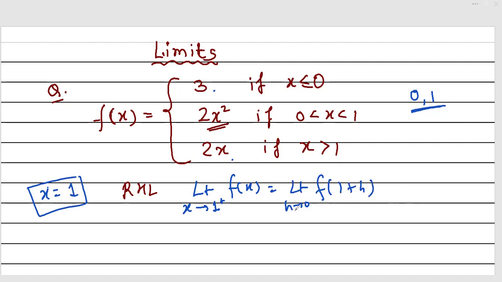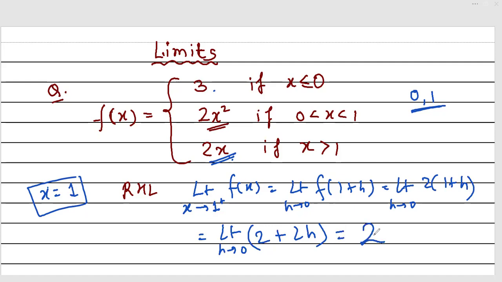Now since this piecewise function says that whenever x is greater than 1, you have to take this function, we will use limit h tends to 0 of 2 times 1 plus h. That will give us limit h tends to 0 of 2 plus 2h. Now plug in the value of h as 0. So we will get 2 here. So we can see that left hand limit was 2, right hand limit is also 2. So we will say that limit exists at x is equal to 1 and the value is 2.